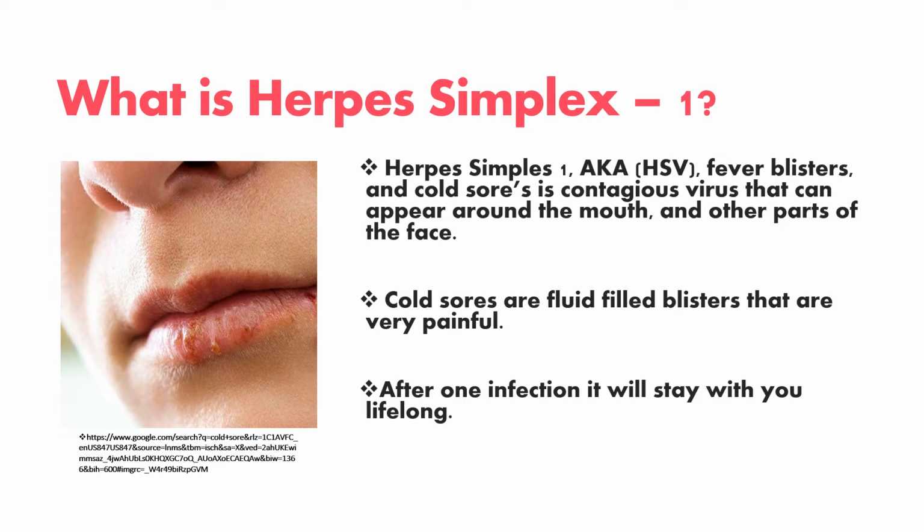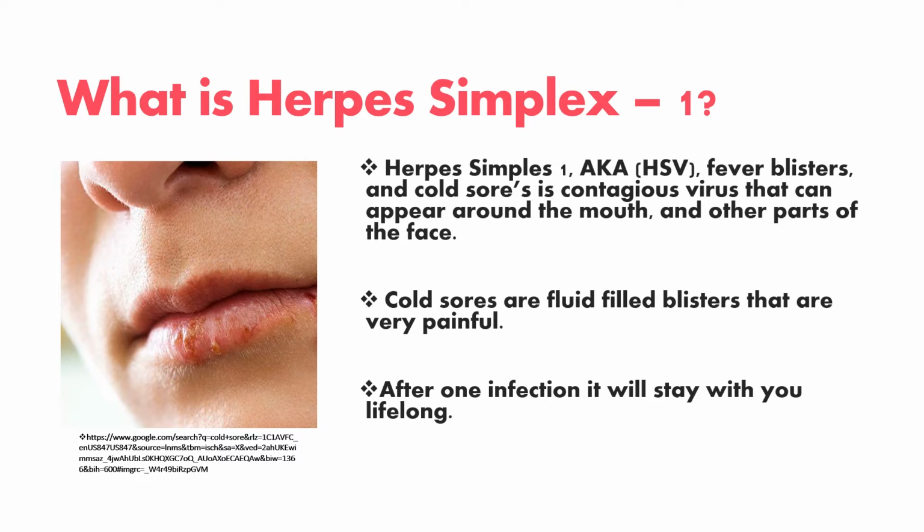Herpes simplex 1 is also known as HSV, fever blisters or cold sores, and it is an extremely contagious virus that can appear around the mouth and other parts of the face, mainly around the nose and eye area, anywhere that has a little bit of mucus and the virus can cling to. Cold sores are fluid-filled blisters that are extremely painful.